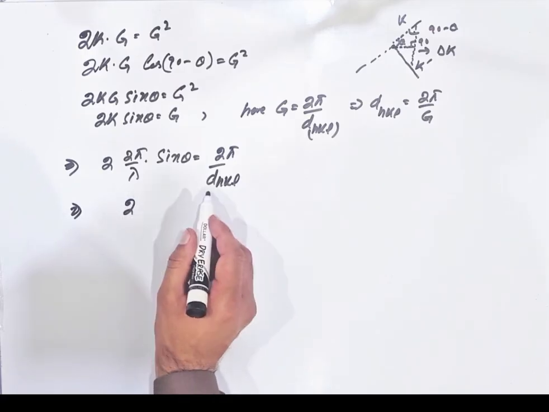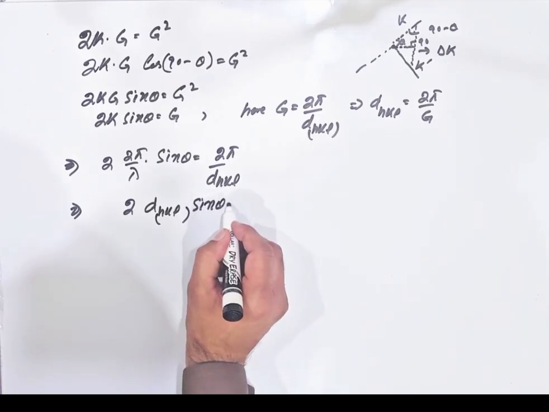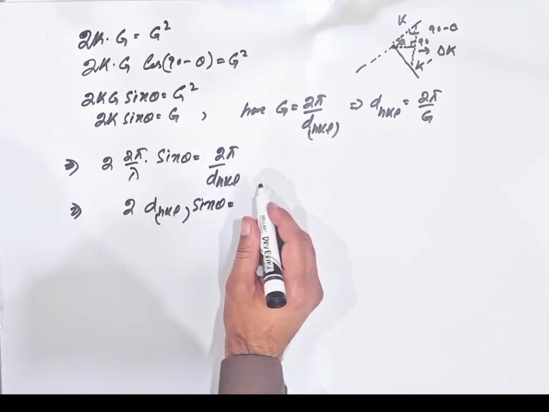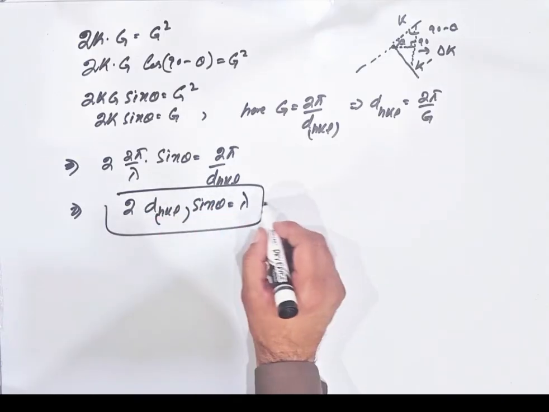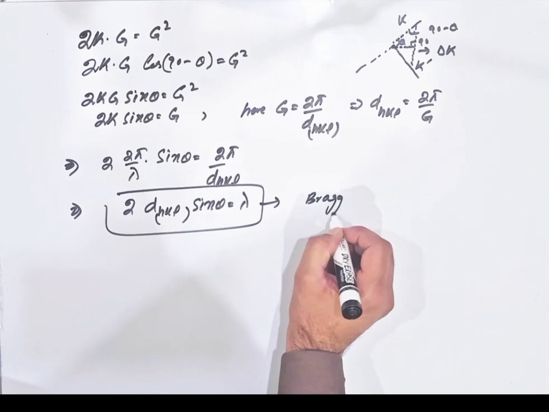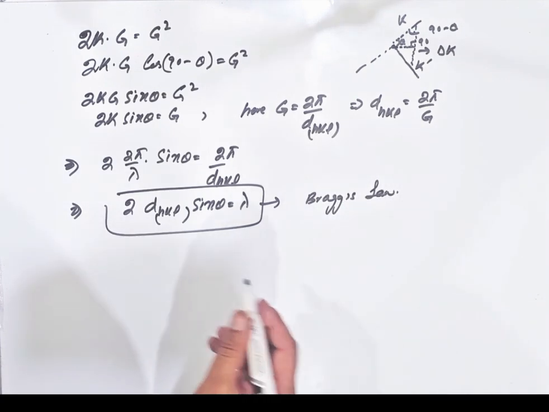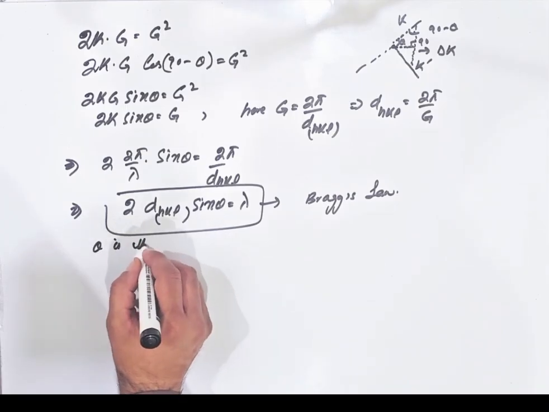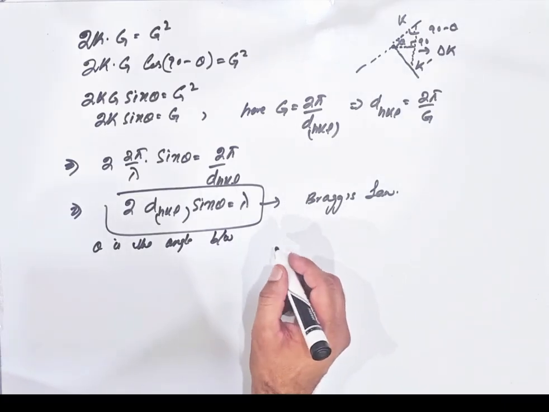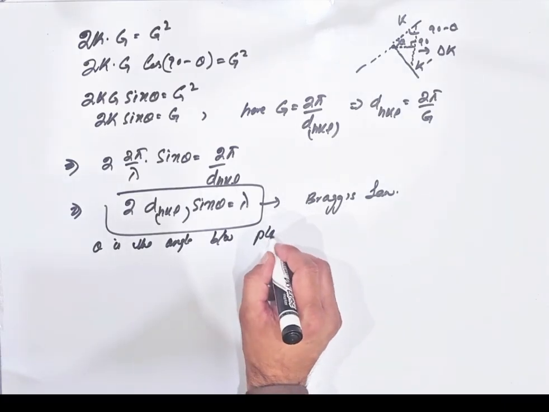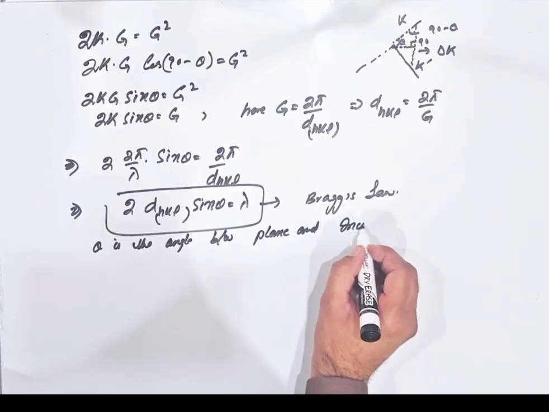So 2 d_hkl sine theta is equal to lambda, which is the Bragg's law. Here theta is the angle between the plane and incident wave.